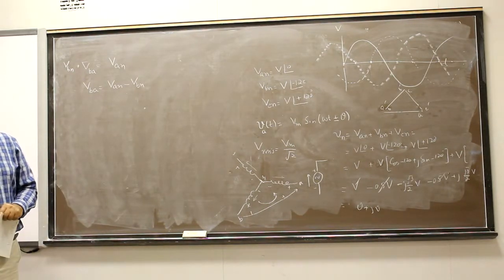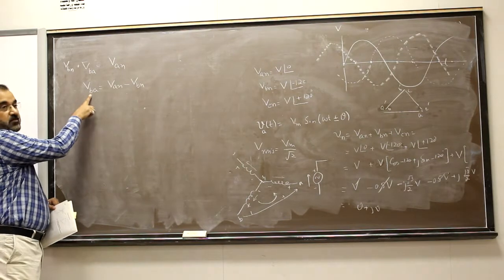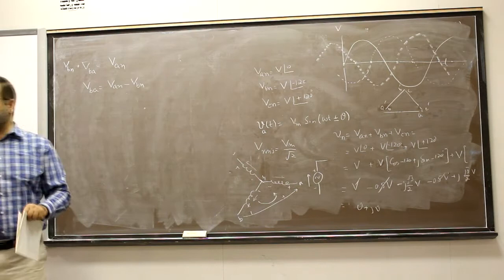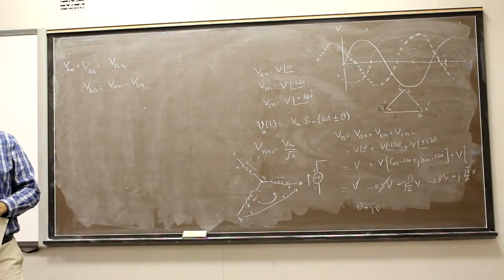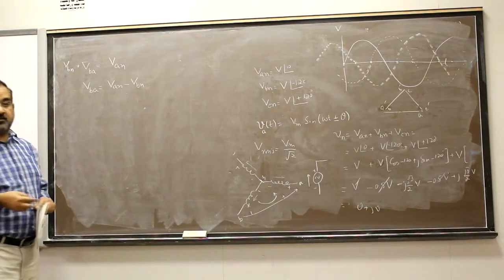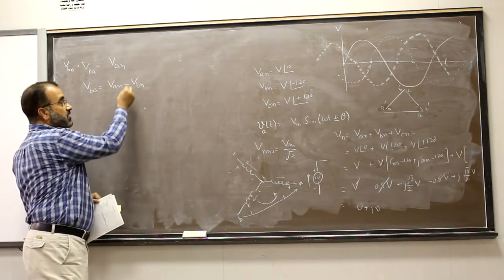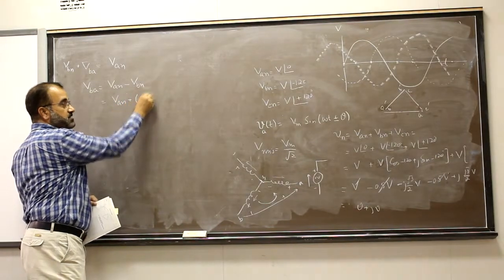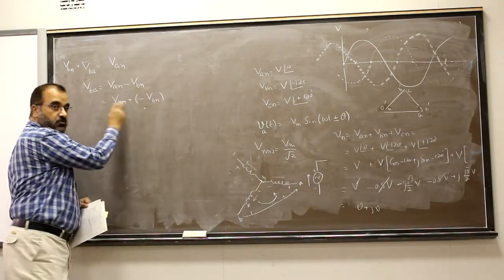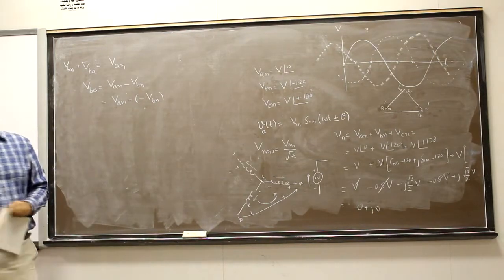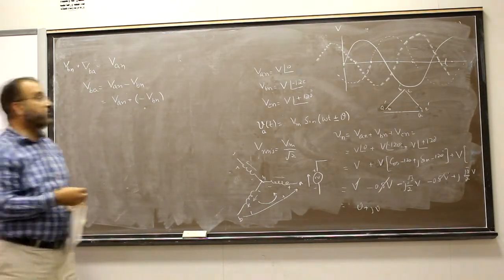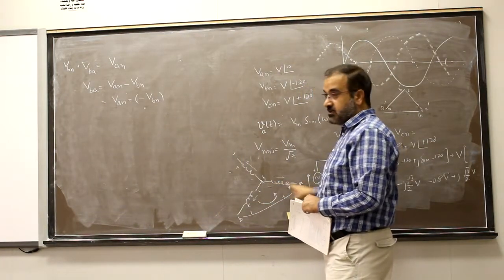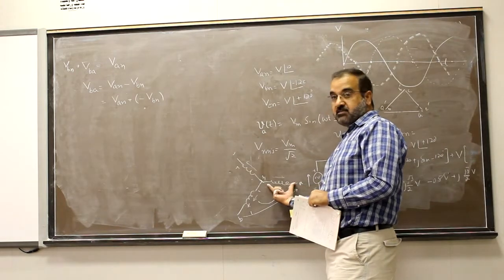Now if you see in this equation, VBA is equal to the addition of two vectors, AN and BN. But actually it is VAN plus minus VBN. You will add these two vectors and you will get VBA. Now, how will you add them? For example, this is A and N, this one.